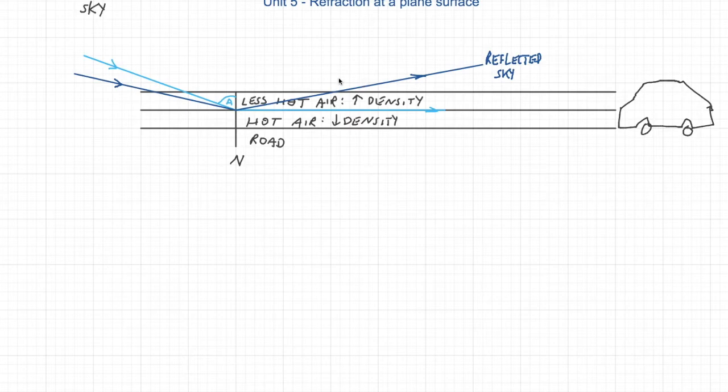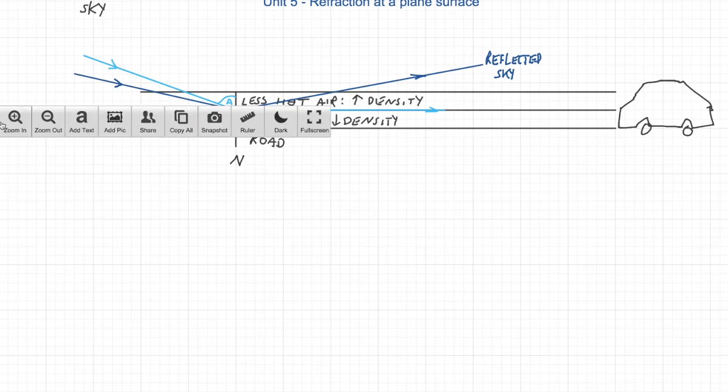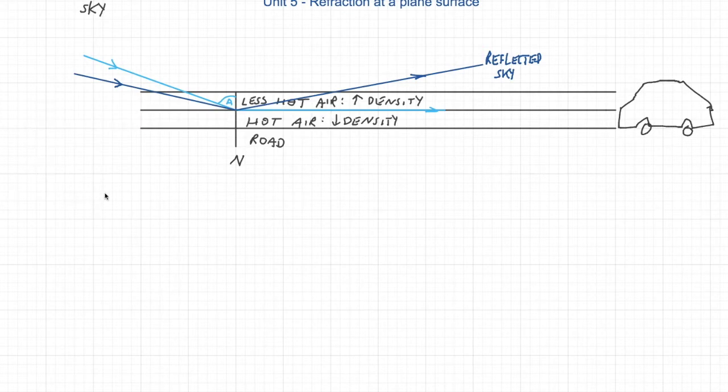As you pass this point here, you're past the reflected ray, and the so-called wet spot disappears. This is the explanation of mirages in the desert. You can get these same layers of hot air and less hot air over the sand in the desert, just like you can get them on a hot road.